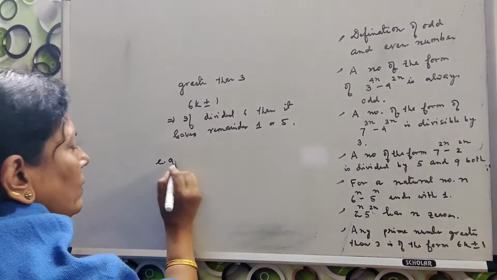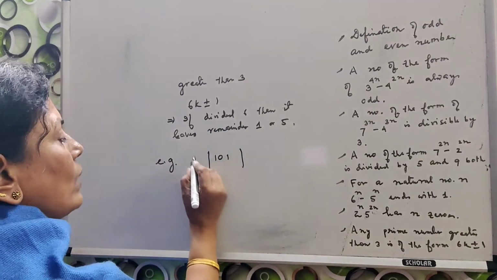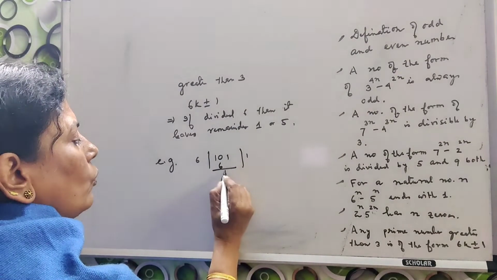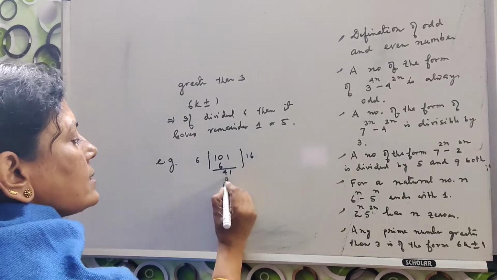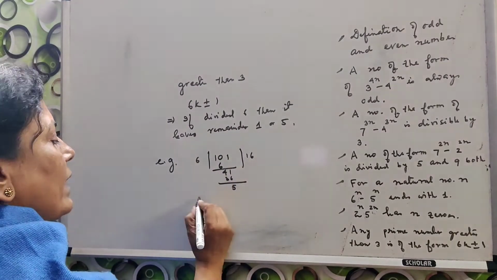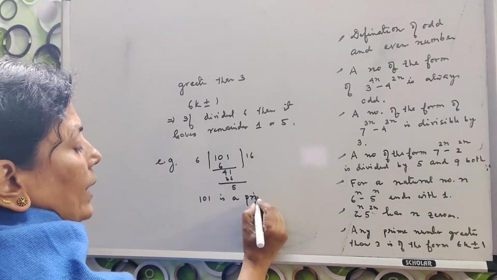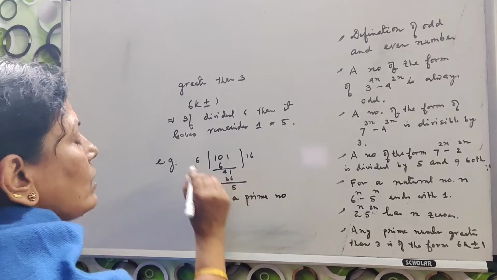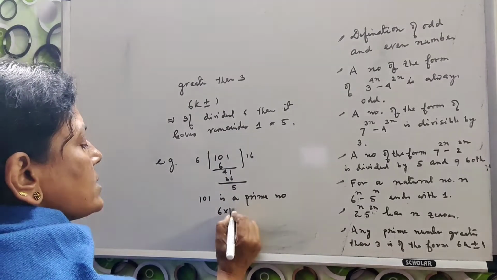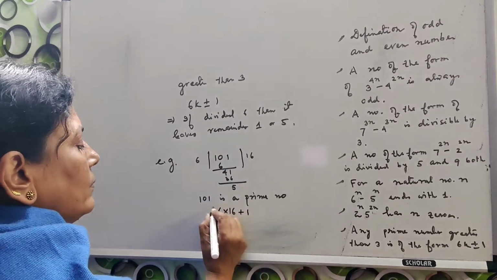As for example, let us consider 101. So you have to divide 101 by 6. 6 sixteens are 96, and subtracting from 101 we get 5. Since the remainder is 5, 101 is a prime number, because we can write it in the form 6 into 17 minus 1, that is 6 into 17 minus 1.